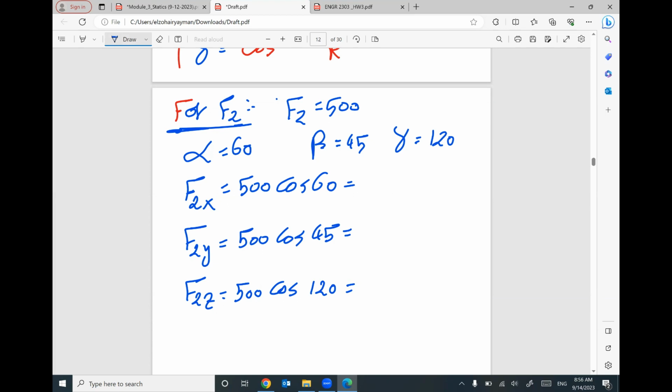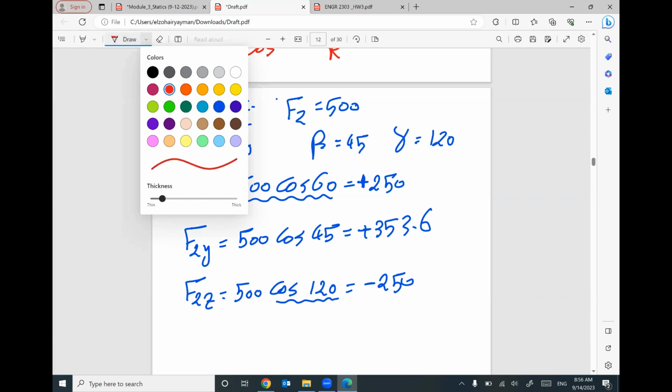So I can use my calculator. 500 times cosine 60 equals 250. The answer is positive. 500 times cosine 45 degrees, I got positive 353.6. 500 times cosine 120, the calculator gives me negative 250 because cosine 120 gives you negative 1/2.